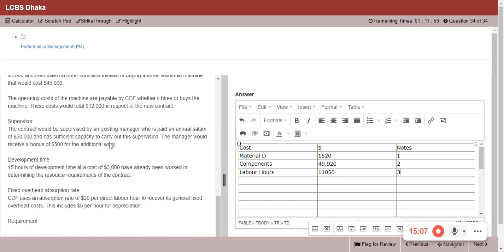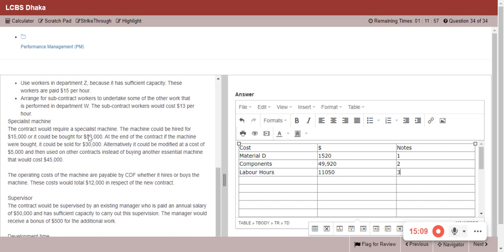Okay. Next, specialist machine. The contract would require a specialist machine. The machine could be hired for 15,000 or it could be bought for 50,000. At the end of the contract, if the machine was bought, it could be sold for 30,000. Alternatively, it could be modified at a cost of 5,000 and then used on other contracts instead of buying another essential machine that would cost 45,000.